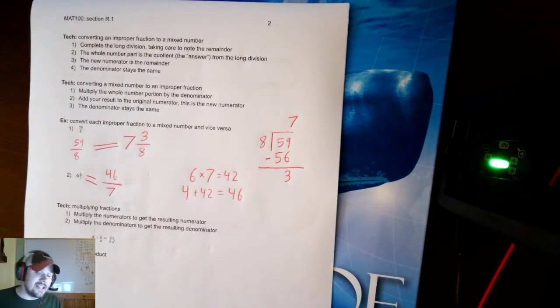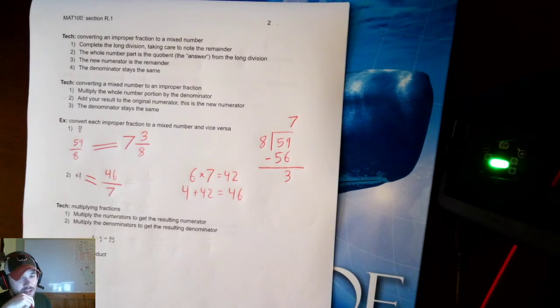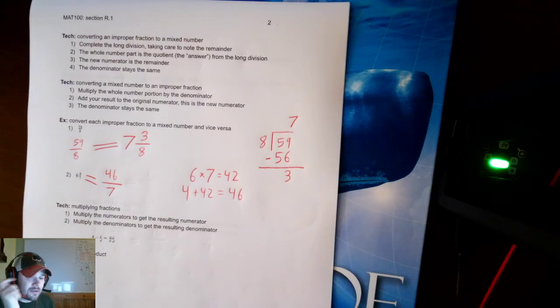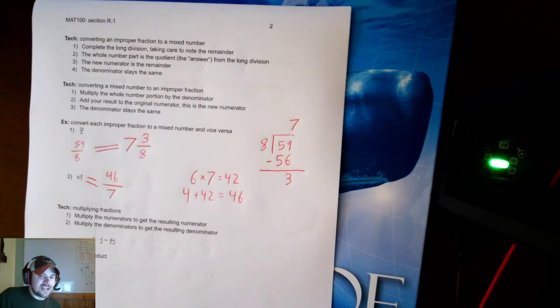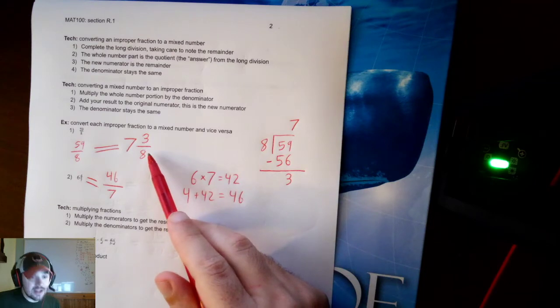Now, you might be asking, if you can go back and forth, why have two different ways of representing numbers? Well, one is for calculating. If you see a problem involving fractions, improper fractions will work more easily with the calculations, and we'll see that in a moment. If you want to understand how big a number is, a mixed number is more clear. If a recipe called for 7 3/8 cup of flour, that would make sense, right?